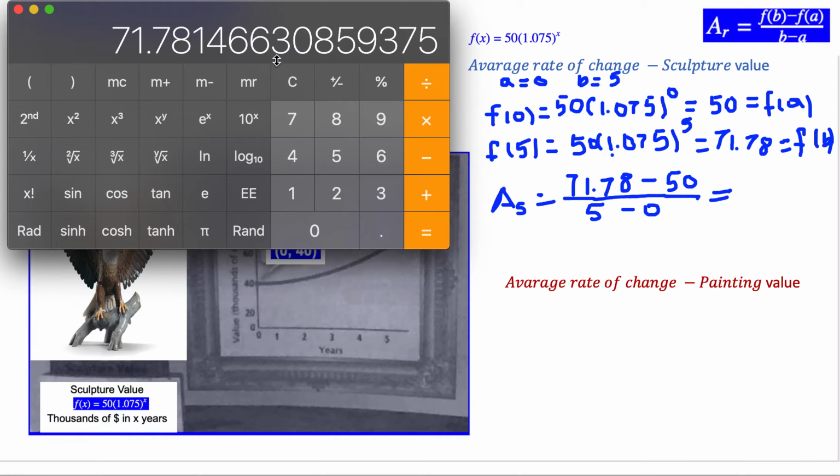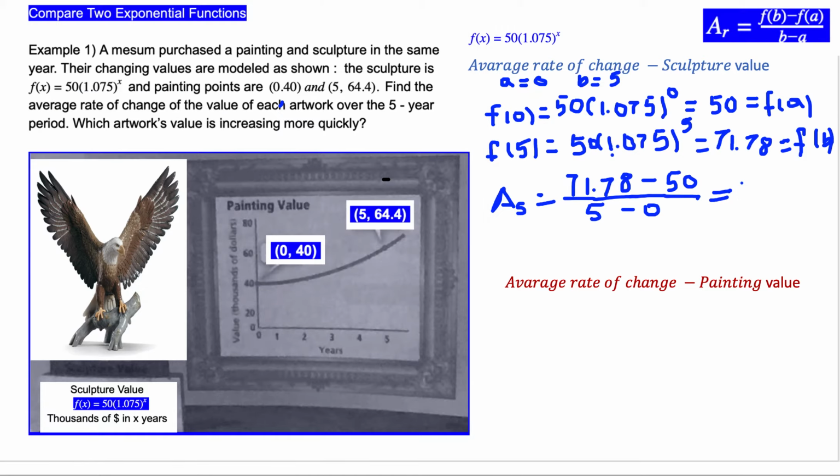Already I have f of b, and f of a is 50, minus 50. We get this value here. And 5 minus 0 is 5, so I divide everything by 5. If I divide by 5, I find 4.356.